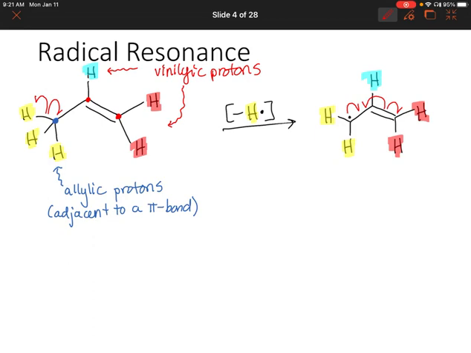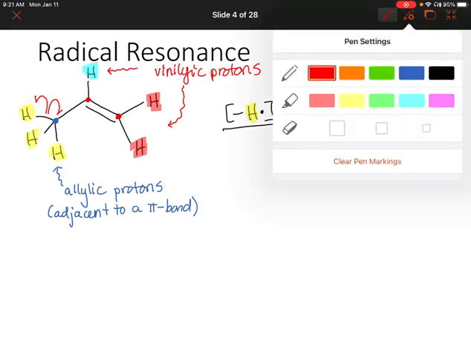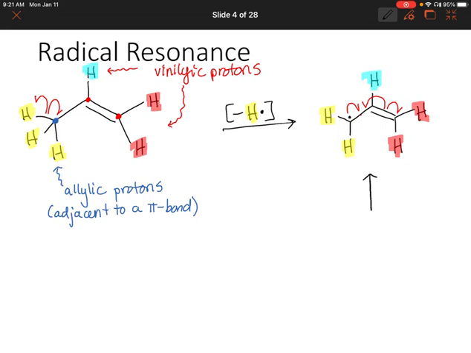Now notice that I drew a fishhook arrow from the single unpaired electron down to the single bond, and then I drew a fishhook arrow from the double bond over, so that's going to create a double bond on the left.